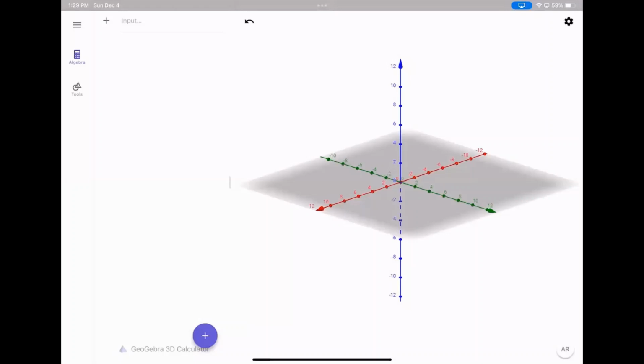All right, so now I want to show you all the surfaces that we did in actual three-dimensional space using this app, which does a really good job sketching them. The first example we did was x equals 3, and remember that that was a plane at x equals 3 parallel to the yz plane.